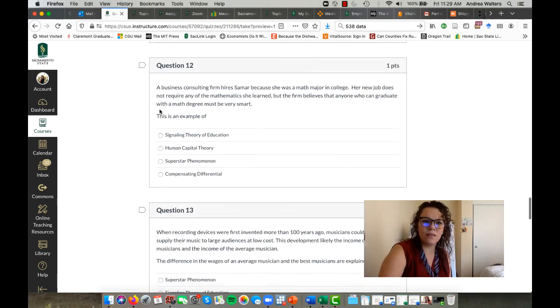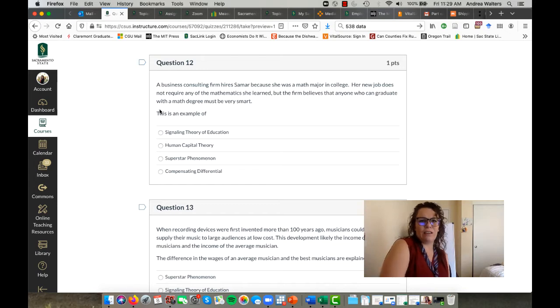Hopefully that makes sense. A business consulting firm hires Samar because she was a math major in college. Her new job does not require any of the mathematics she learned, but the firm believes that anyone who can graduate with a math degree must be very smart. What is this an example of? And here we have some of the other determinants of wages, and this gets at the question about what the value of education is, whether it's that you're learning something, you're increasing your human capital attainment, or is it just a signal?